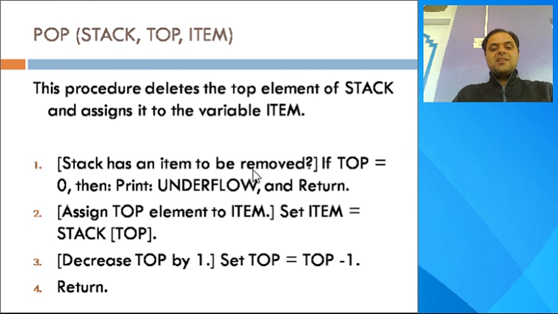If our stack is empty, then we don't have anything to be popped or deleted out of the stack. This case we call underflow. We check this as: if top equals 0, then print underflow and return.